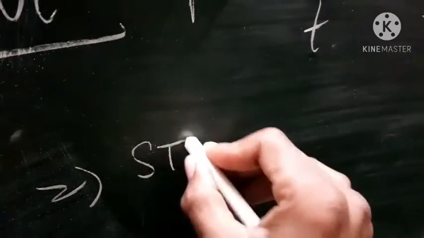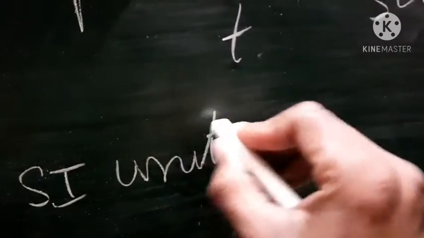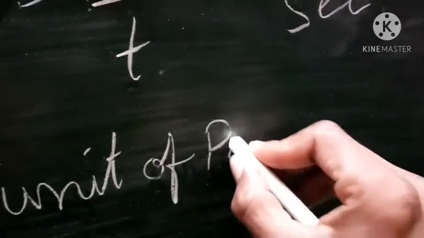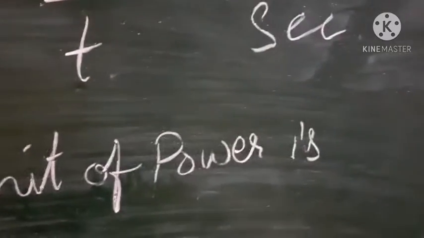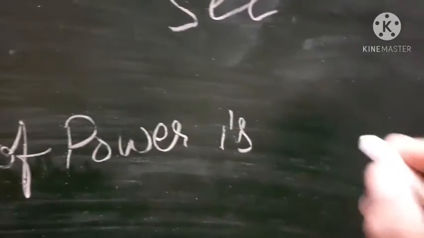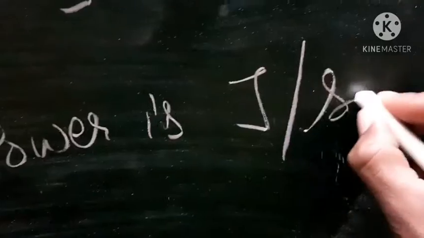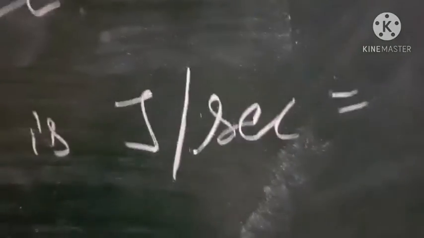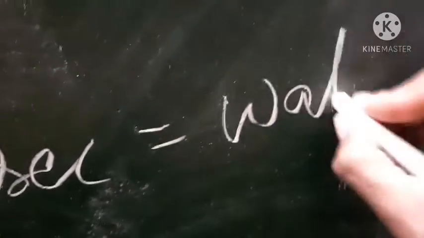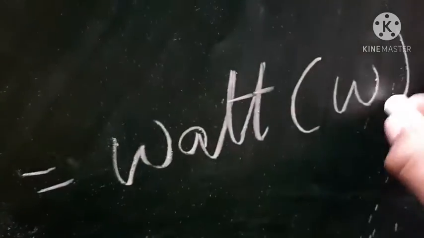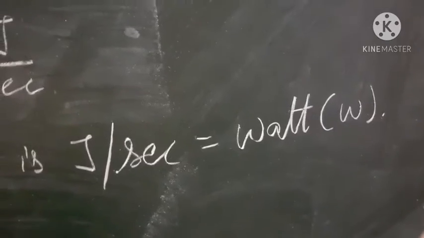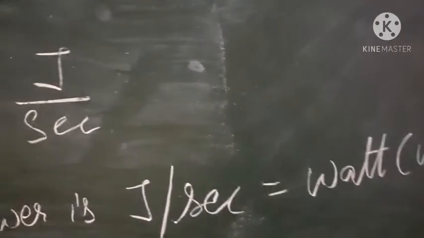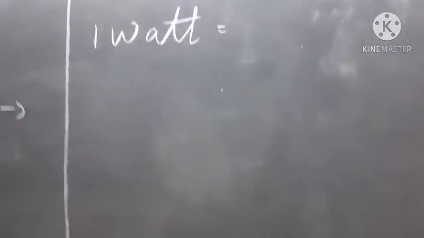So the SI unit of power is joule per second, that is also equal to watt, and watt is denoted by W. So the SI unit of power is watt, that is also equal to joule per second.